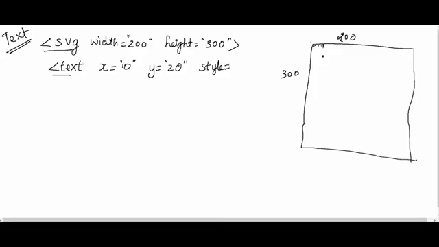Next, we can give styling also as another option. Style is equal to, in double quotes we can mention font-size. We give a font size, it's not equal to, it's just a colon, right? I'm just giving 14 pixels, semicolon, and I am closing this opening tag.